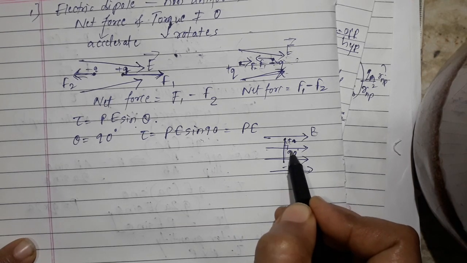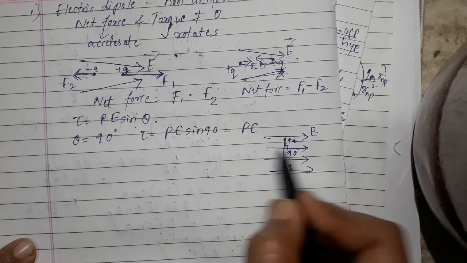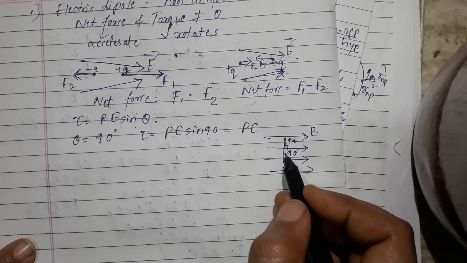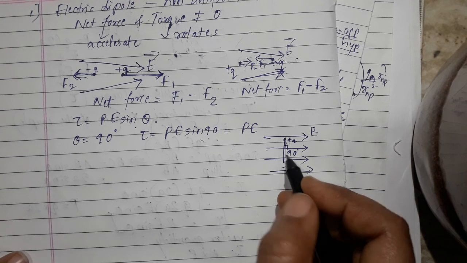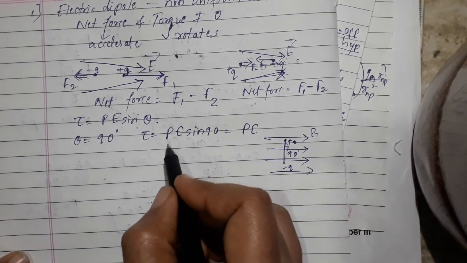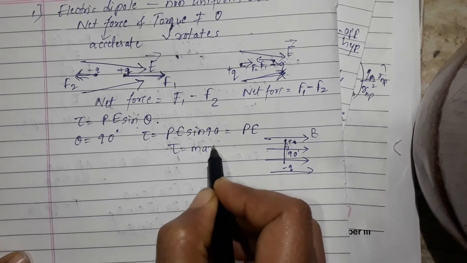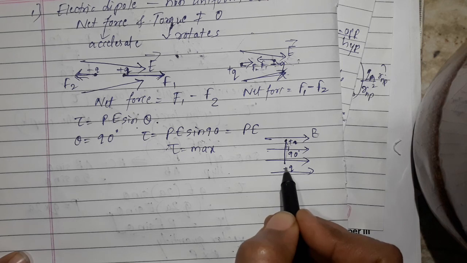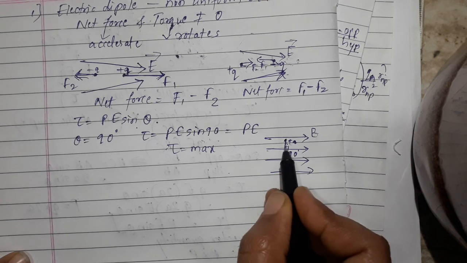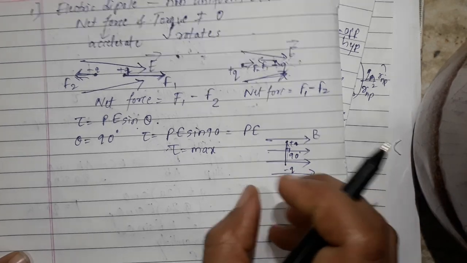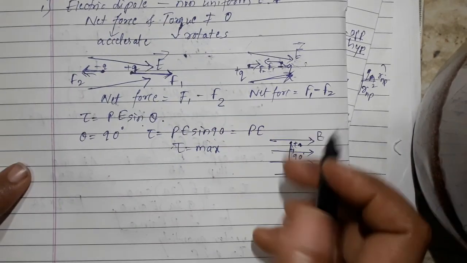If we keep the dipole perpendicular to the electric field lines, then the maximum torque acts upon the dipole. Tau will be maximum when theta is 90 degrees.